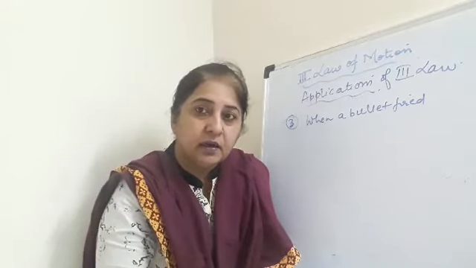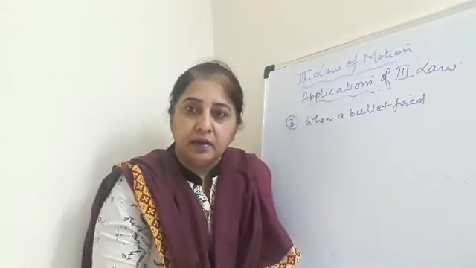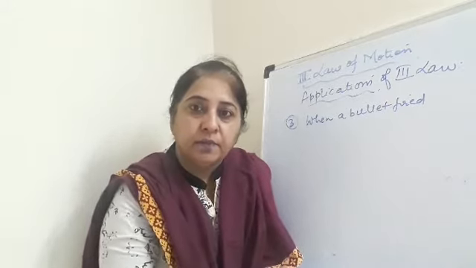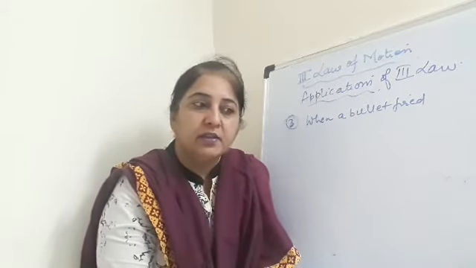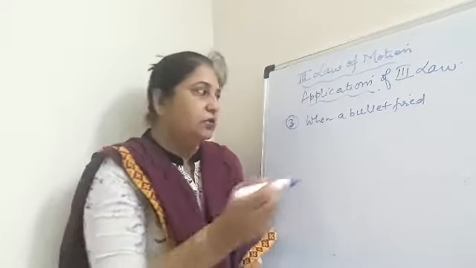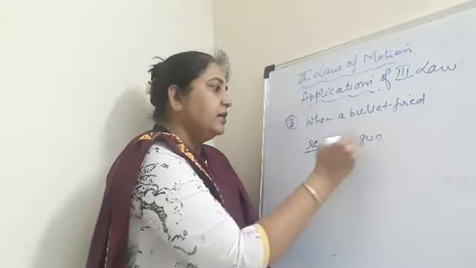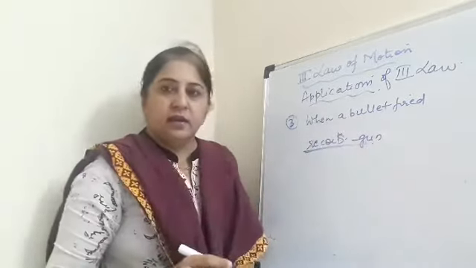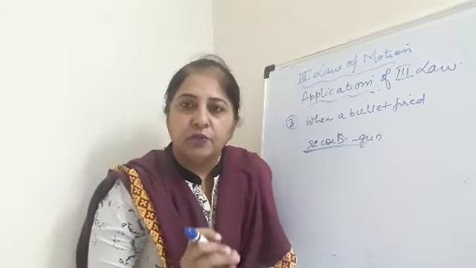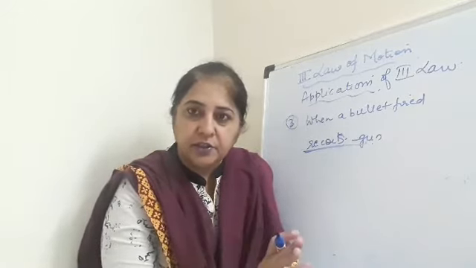When the bullet is fired from the gun, the person who is holding the gun gets a jerk in the backward direction, or we can say that the gun recoils. Okay, I'll use the word recoil. The gun recoils. So again, when a bullet is fired from any gun, the bullet moves in the forward direction.